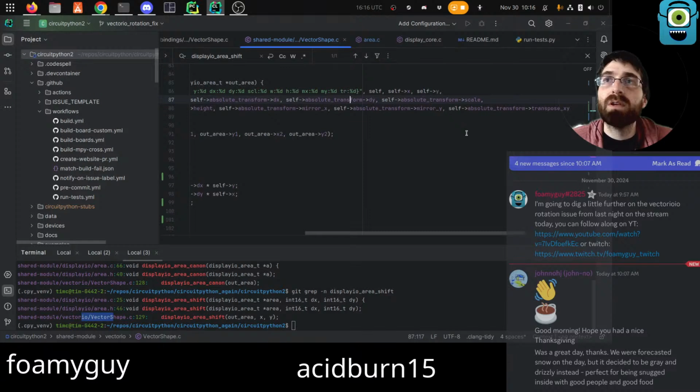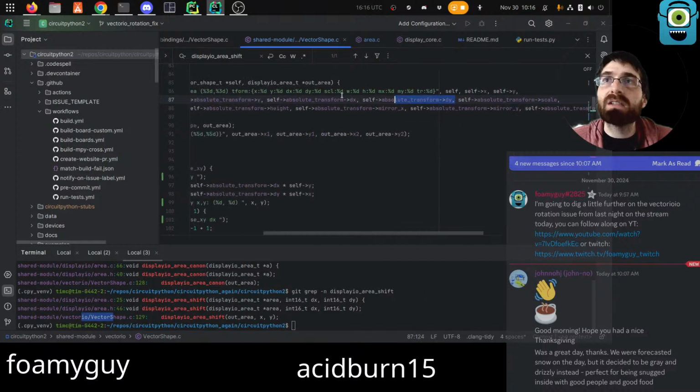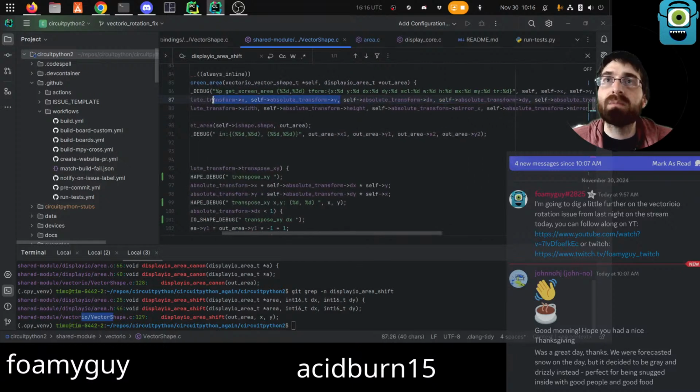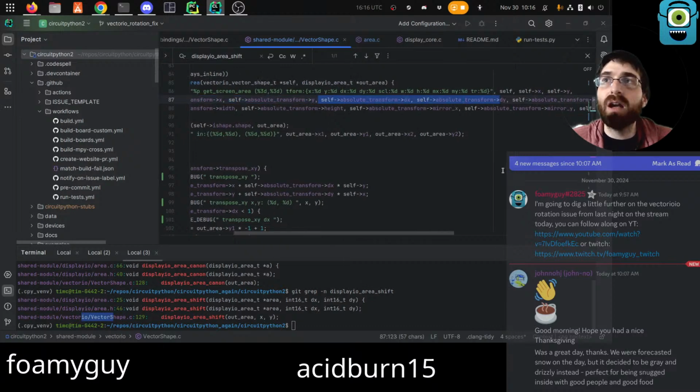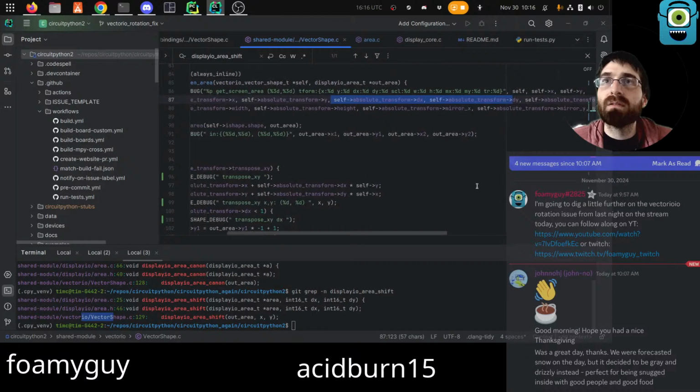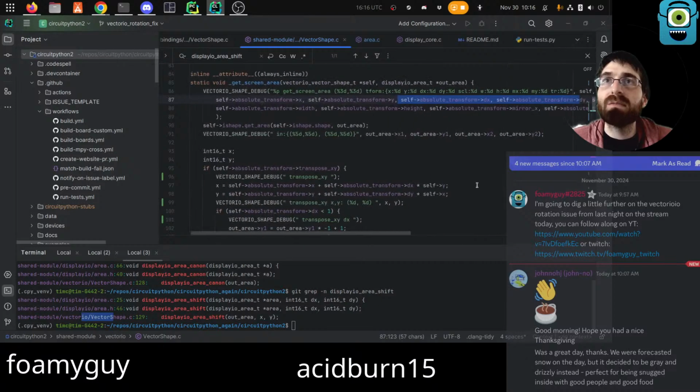Okay. So transform dx and dy. I think those are distance, I guess. But what would absolute transform x and y, and then dx and dy? We also have a height and a width. I'm not sure what absolute transform is exactly.